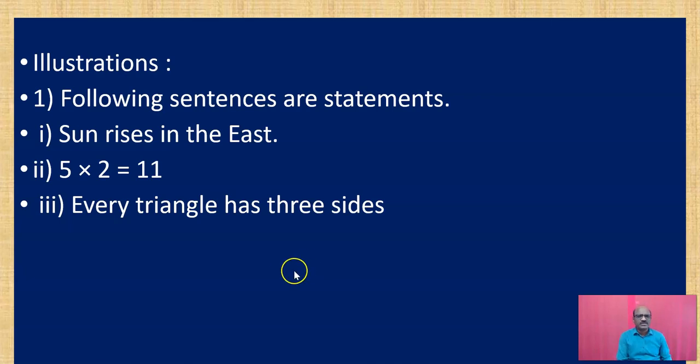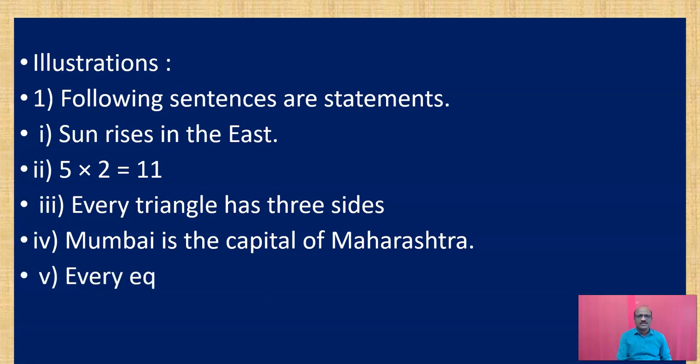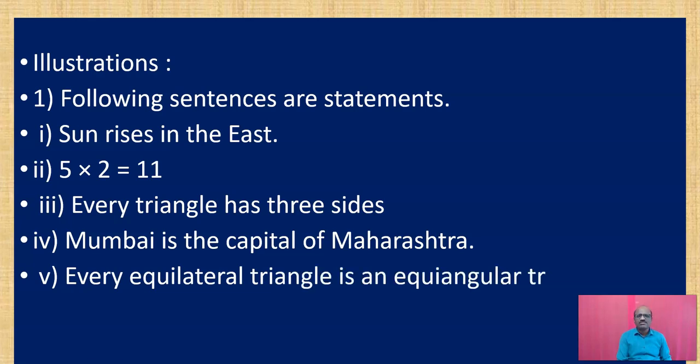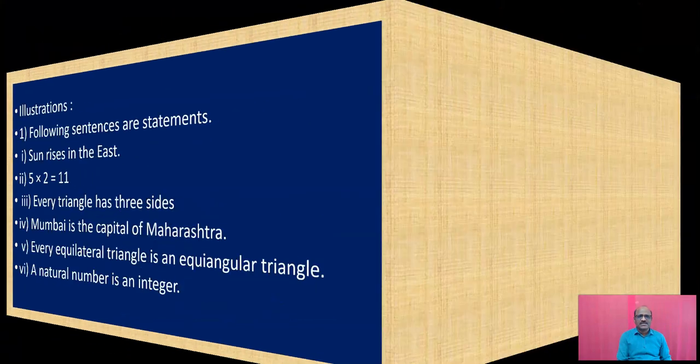Its truth value is T. Mumbai is the capital of Maharashtra. Yes, it is a statement. Its truth value is capital T. Every equilateral triangle is an equiangular triangle. Yes. A natural number is an integer. Yes, it is a statement.